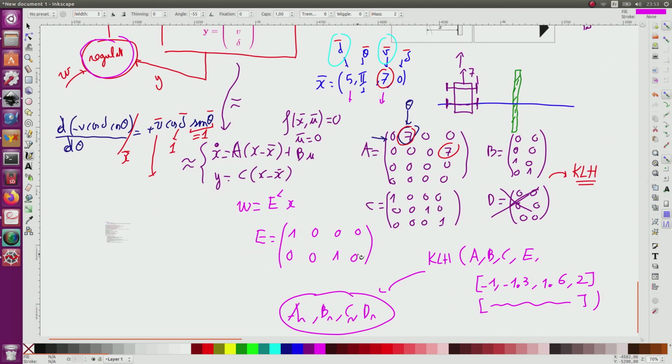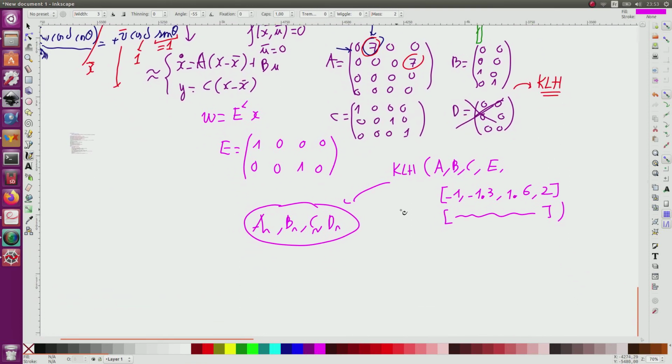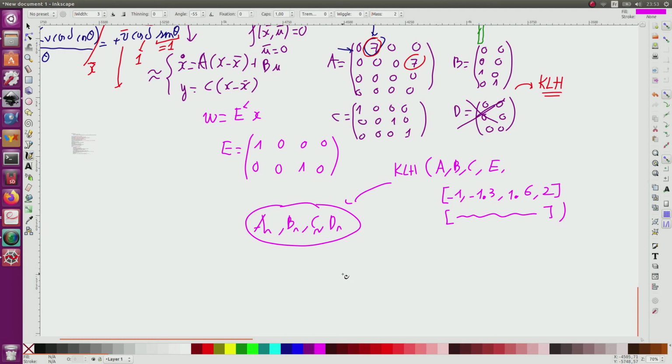So I have a state vector in the regulator which is named X hat, and the regulator will have to be programmed in the Python code. So the Python code, I now give it.